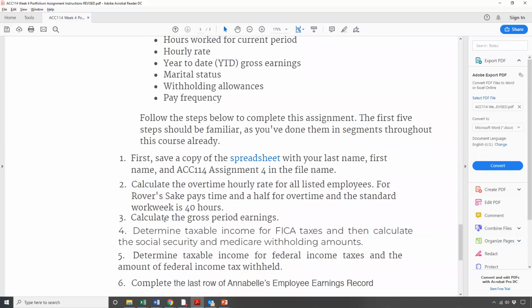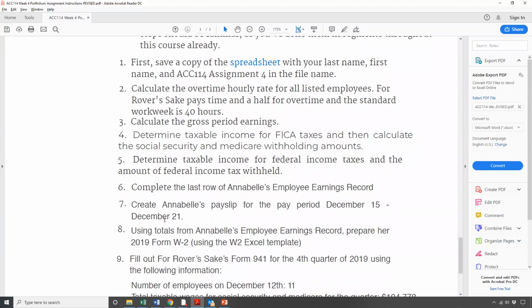And then from that information, you are going to first save it so you don't lose your work. We're going to calculate the overtime rate for each employee, regardless of if they have overtime hours there. Everybody needs to have an overtime rate calculated. For Rover's sake, pays time and a half for overtime at the standard work week of 40 hours.